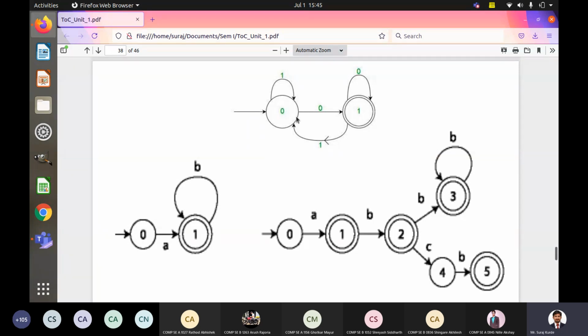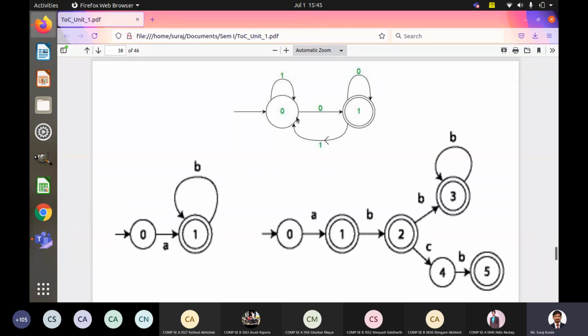So it can be a NOT gate. But this is not the diagram for a NOT gate. In that case we should have both the states as final states. Here we have only one final state. So what will be the required input? It will accept at least a string of length 1, a minimum string with length 1, and the symbol should be 0.